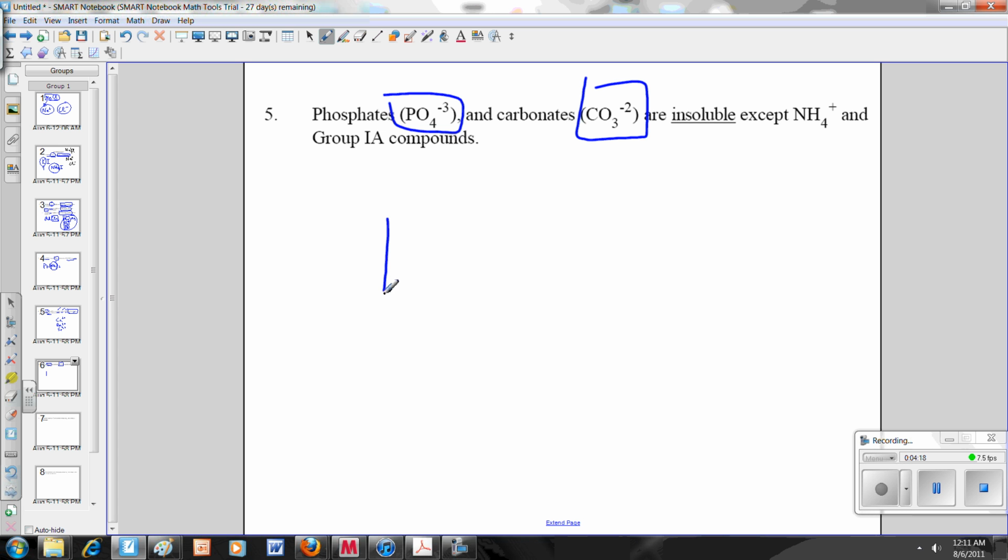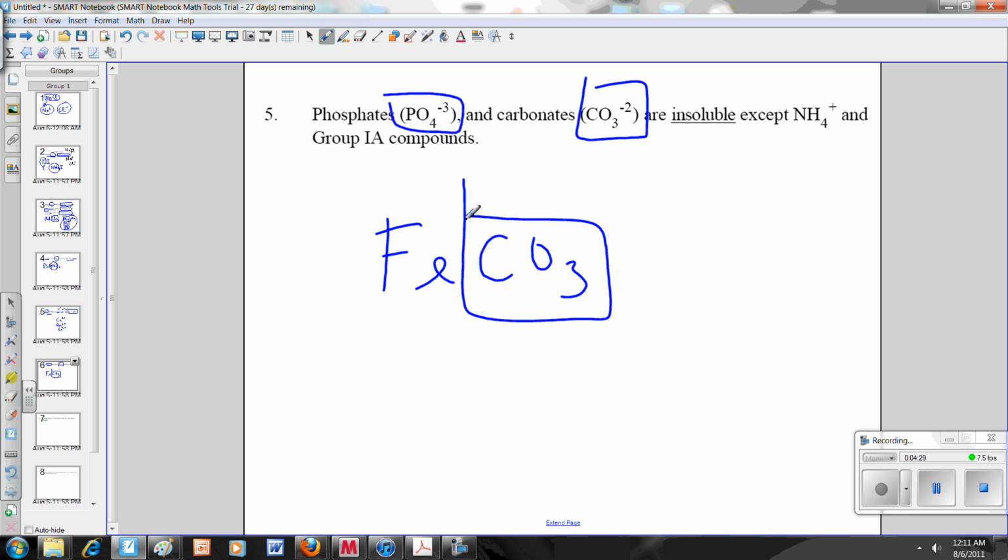So for example, FeCO3. If I look at that and want to determine whether or not it's going to be soluble, I know that all carbonates are insoluble except, going back to rule 1, if NH4 or a group 1A element is in the front, and it's not. So therefore, we would consider this I, or insoluble.